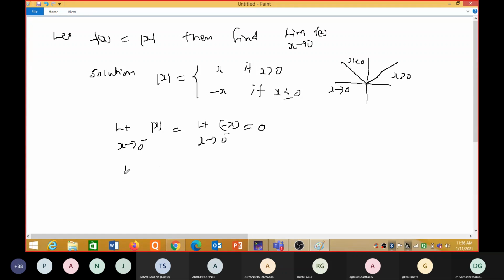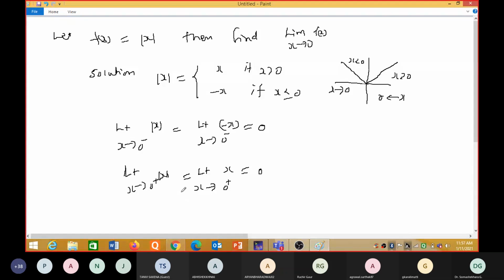Right hand limit: limit x tends to 0 plus of mod x. The right hand limit means x is approaching 0 from this side. So this is the graph of x, and mod x becomes x. When x tends to 0, it is 0. Both are equal.